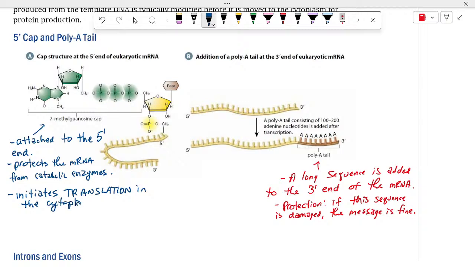So the next step where this actually gets turned into a protein, the enzyme responsible for doing that, or the mechanism responsible for doing that, is initiated by this 7-methylguanosine cap on the 5' end. This is next lesson.